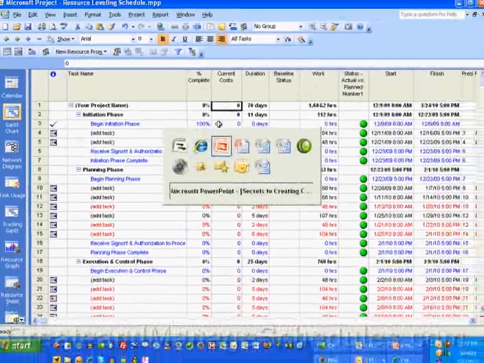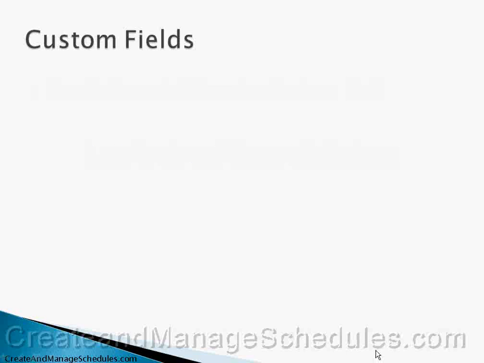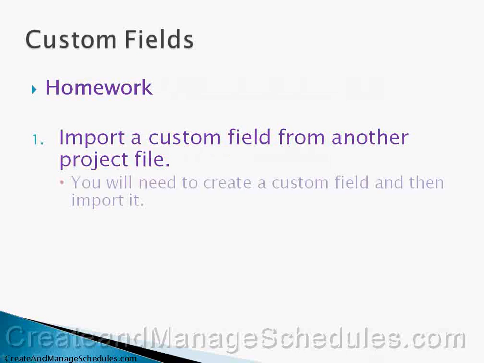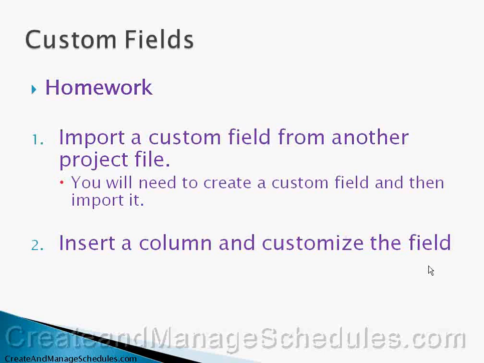So let's go back to our PowerPoint. And what I'd like you to do is go ahead and import a custom field from another project schedule. First, you'll need to create a custom field and then import it. So you need two project schedules open, one that has a custom field in it, and one that you're importing a custom field into. Then insert a column and customize the field.